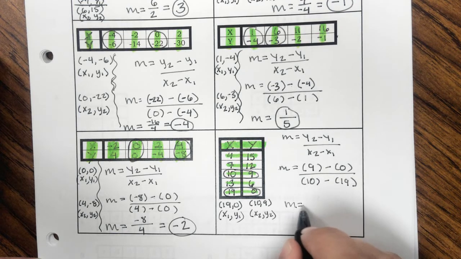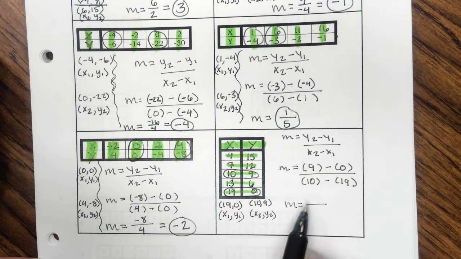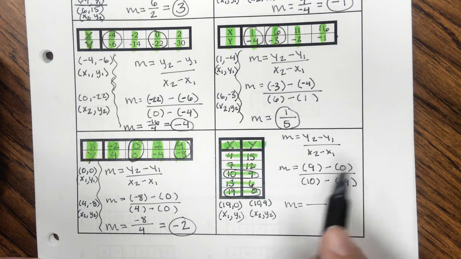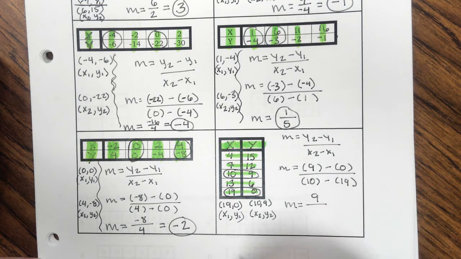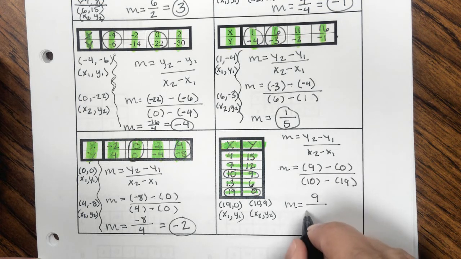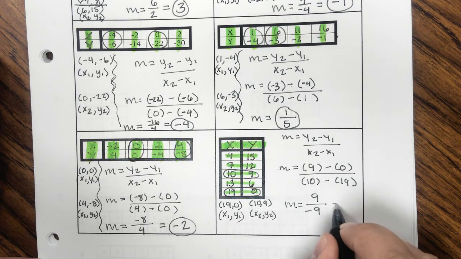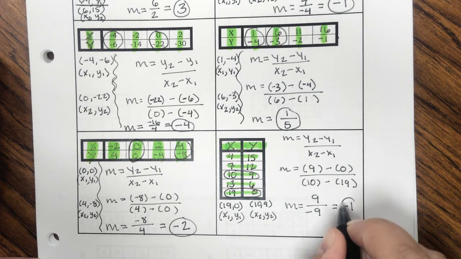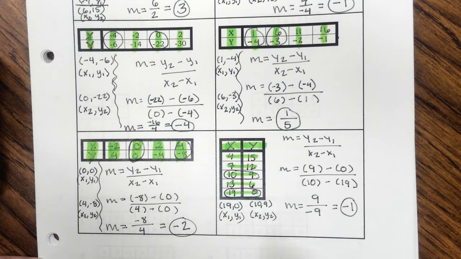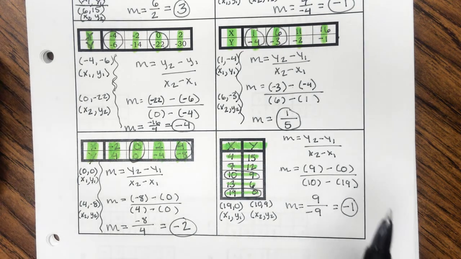So m is a fraction. The numerator, or top, is 9 minus 0, which is 9. The denominator is 10 minus 19, which is negative 9. This does reduce to negative 1, so the slope of the line represented in this table is negative 1.